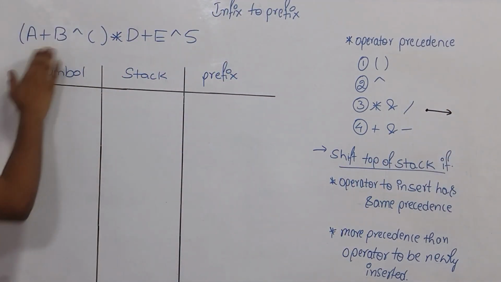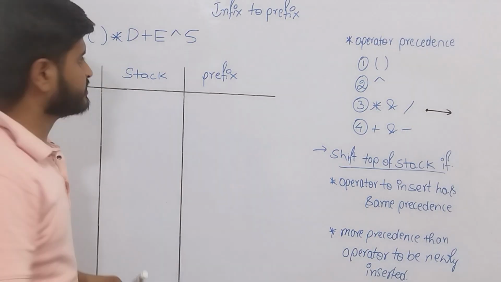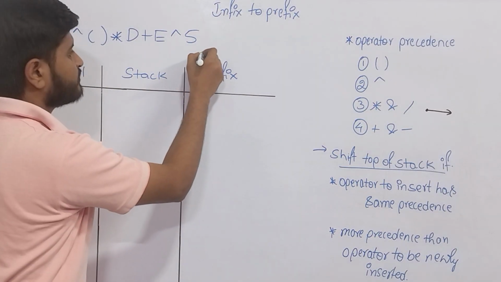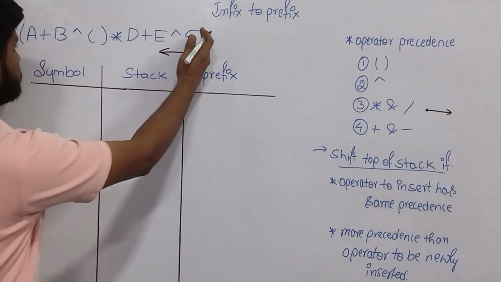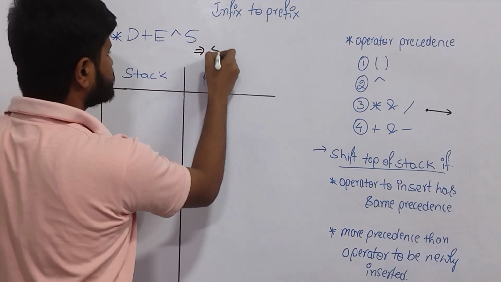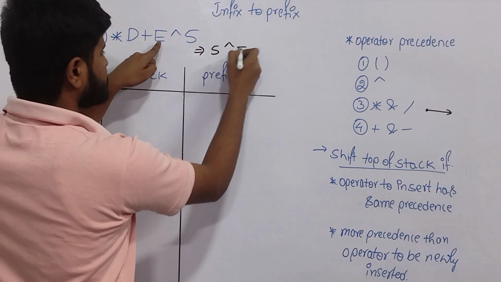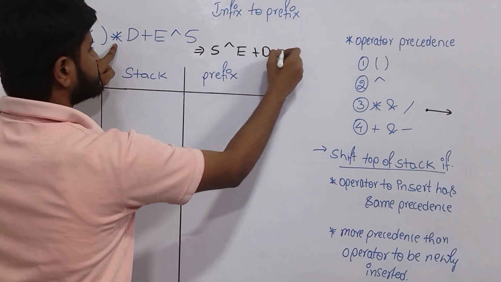Now let's solve this problem. This is an infix expression. To convert it to the prefix expression, we must write from our right-hand side towards the left-hand side, so the given expression must be reversed. So first you write 5, next exponential, e, plus, d, star.